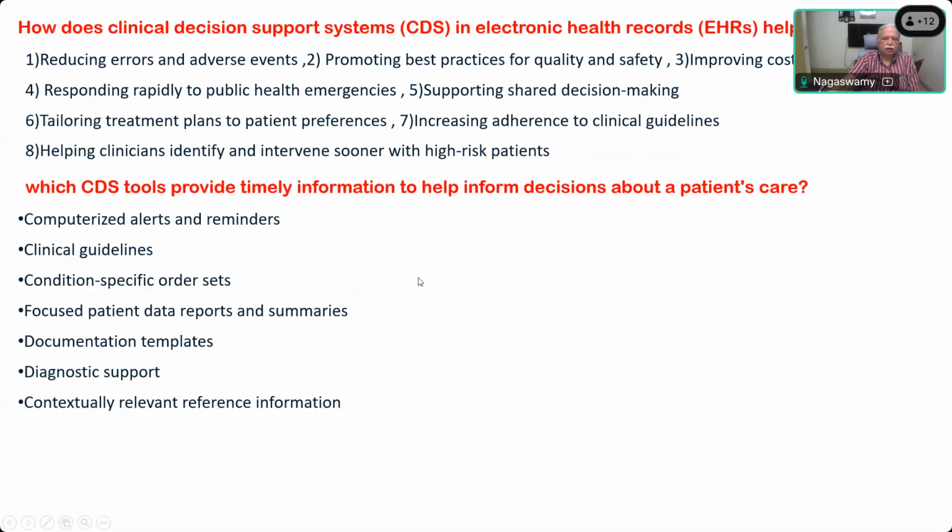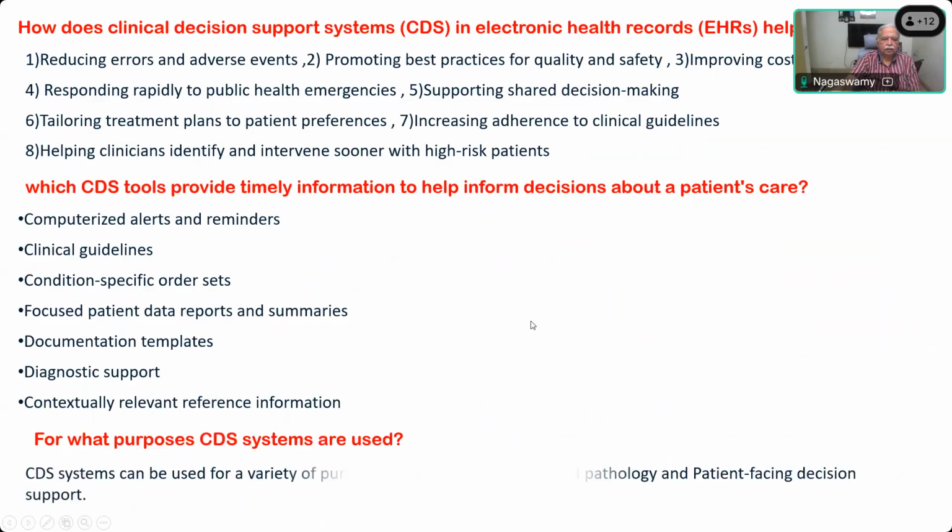These are all new things which are coming up, which are going to be the future, especially with AI also coming into play. So you must be aware of all these things. And for what purpose are CDS systems used? They are used for a variety of purposes, including laboratory and pathology and patient-facing decision support. These are all the areas where it can be of use.